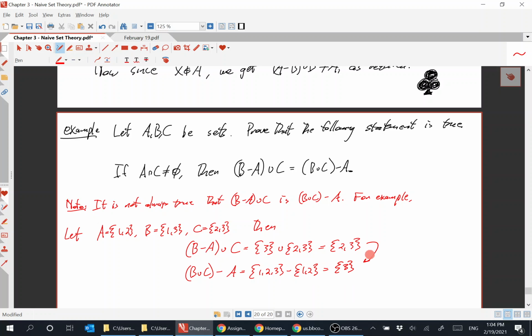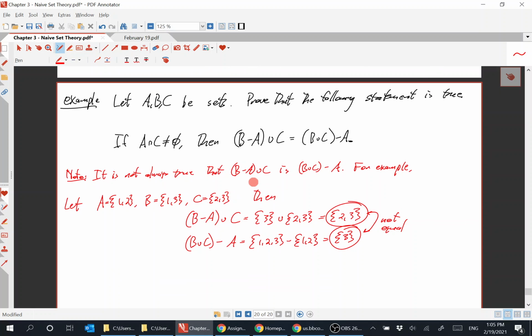And these are not the same. They're not equal. We're not showing that that's always true. We're just showing that if A intersection C is empty, then this is the case.